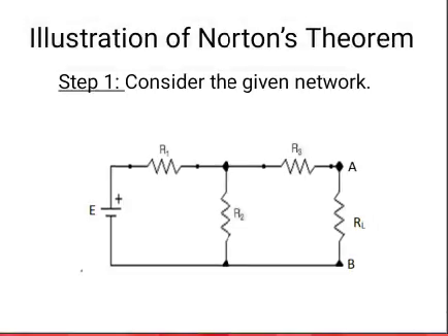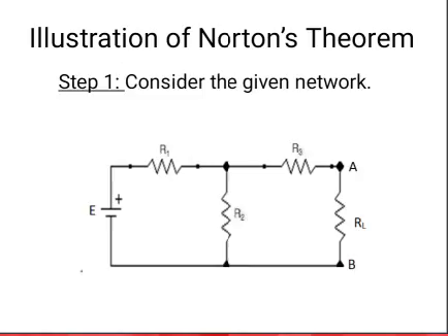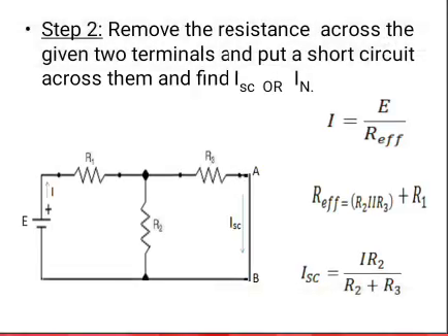Next, consider the given network. Step 1. That means first consider the given network. This is the given network. Step 2. Remove the resistance across the given two terminals and put a short circuit across them and find IN or ISC.